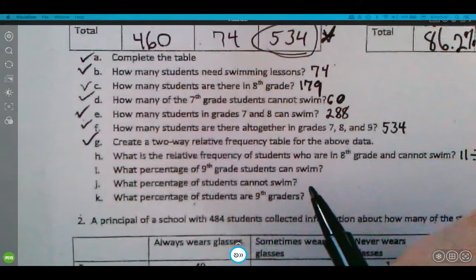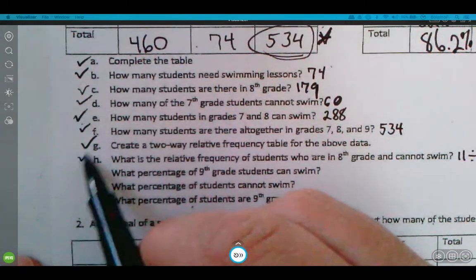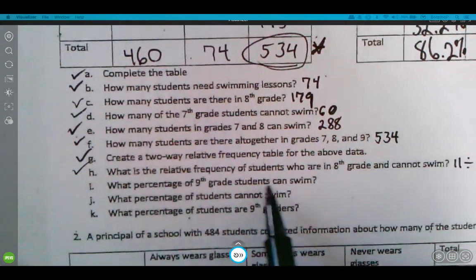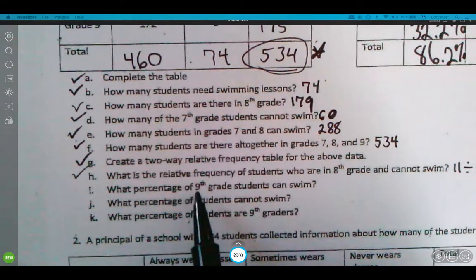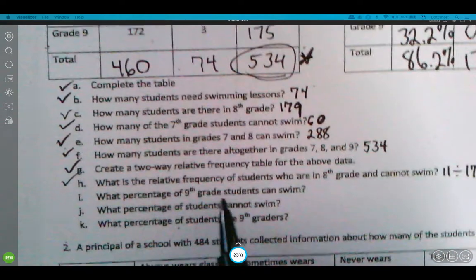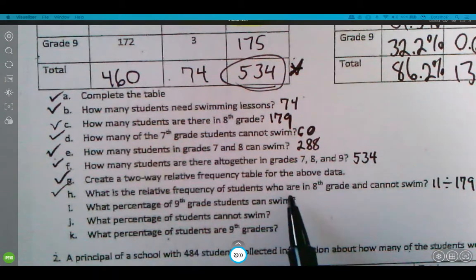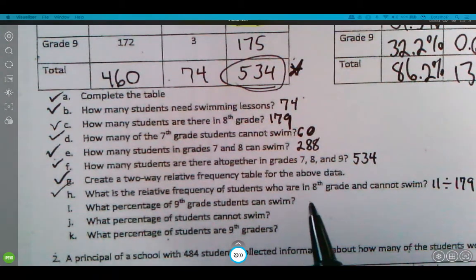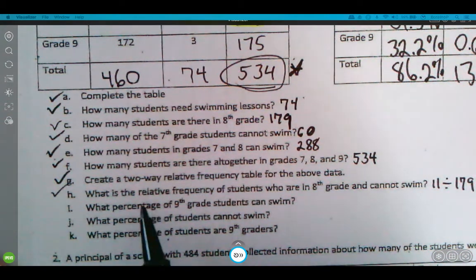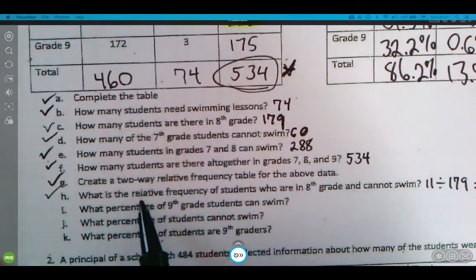Again, now we're getting back into wording. The next one is, what percent of 9th graders can swim? See, it makes me think about the other one if I did it right. What is the relative frequency of students? And this is what you should do too when you're doing these questions. Sometimes you got to read it more than once. So I just want to read this one more time.